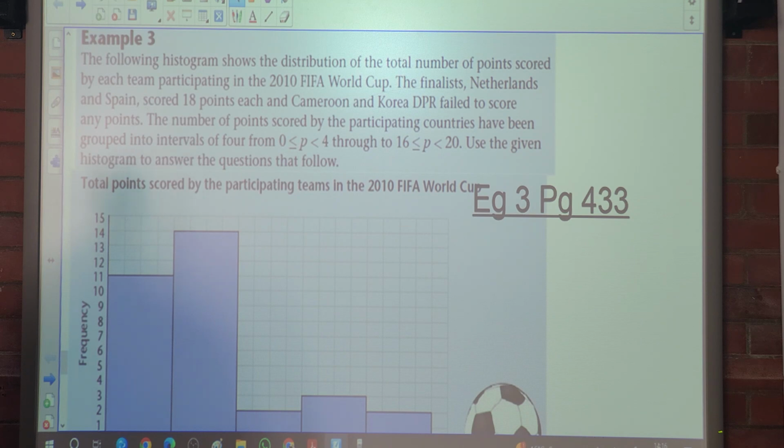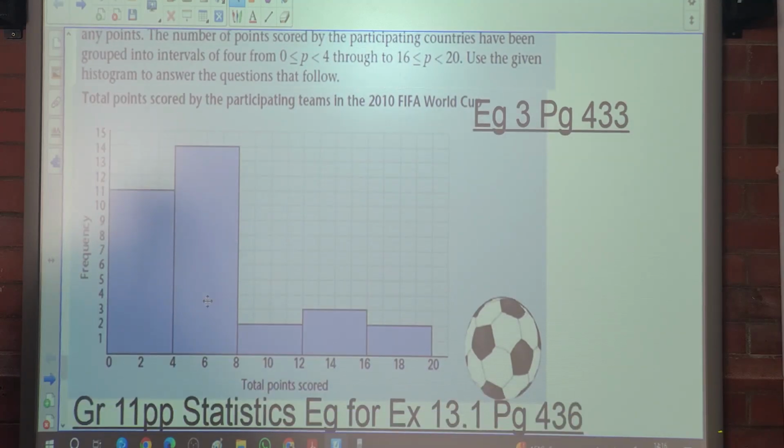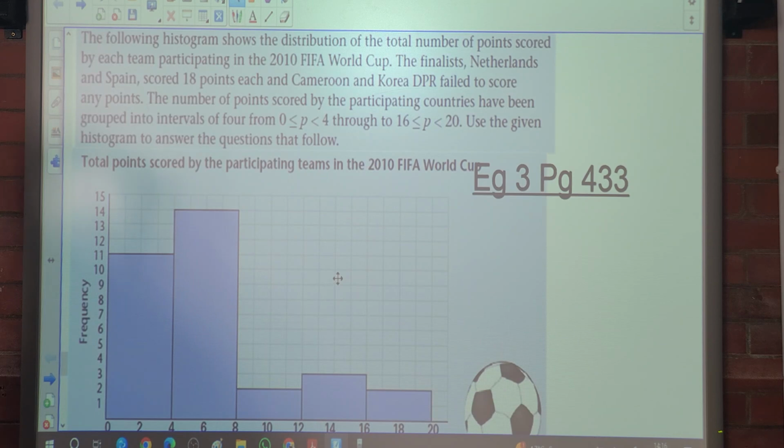The finalists, Netherlands and Spain, scored 18 points each. Let's see, where is this? Okay, as you can see here, there's 2 that scored between 16 and 20. Okay? And Cameroon and Korea failed to score any points.